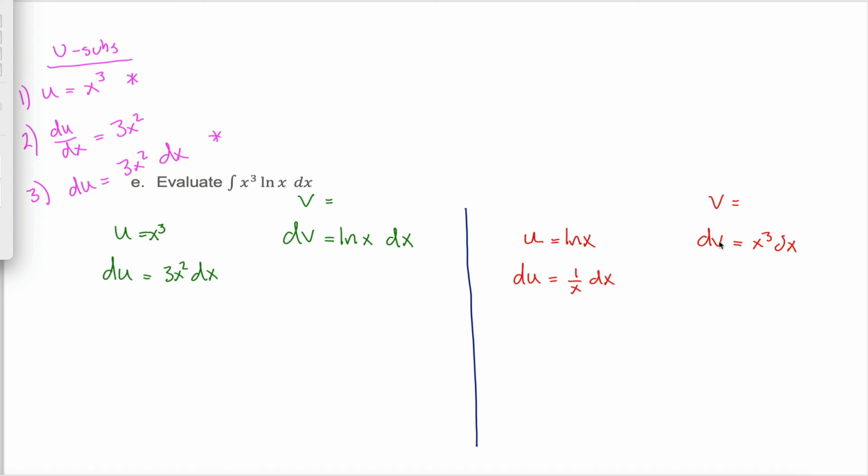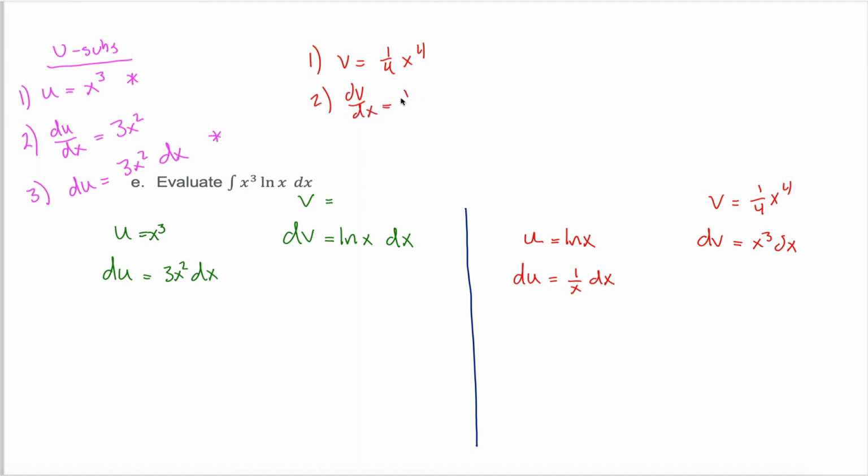So over here in red, when I have dv equals x cubed, what would have allowed me to write this as my third line is if I had that v was equal to 1/4 x to the 4th power. Make sure that checks out. If my first line said v equals 1/4 x to the 4th power, my second line, if I were to write it, would say dv over dx is equal to 1/4 times 4x cubed.